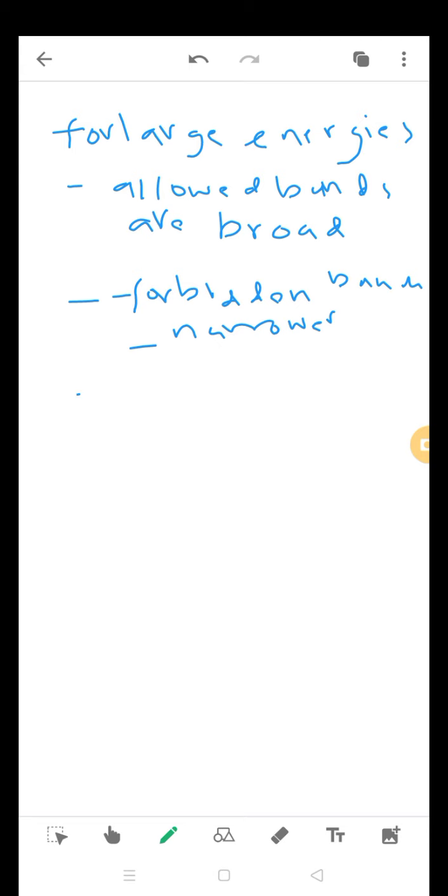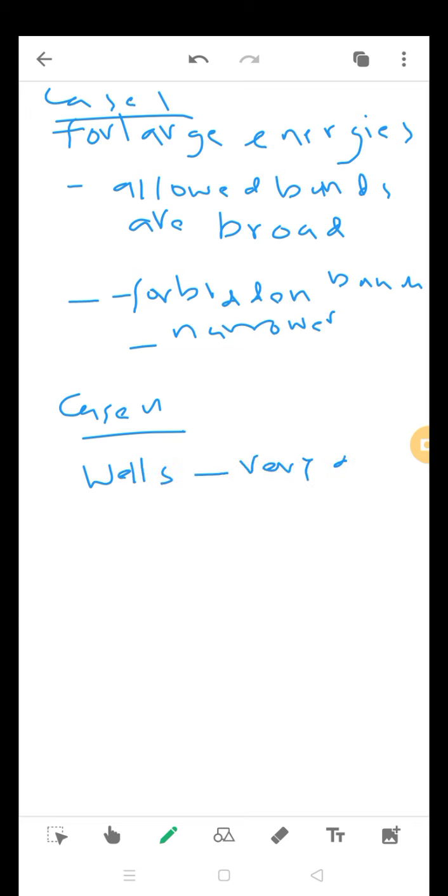Now, this is the first case, we call it case 1. Now there is another case: if the potentials are very deep, that means if the potential wells are very deep and widely spread, then what do we have?